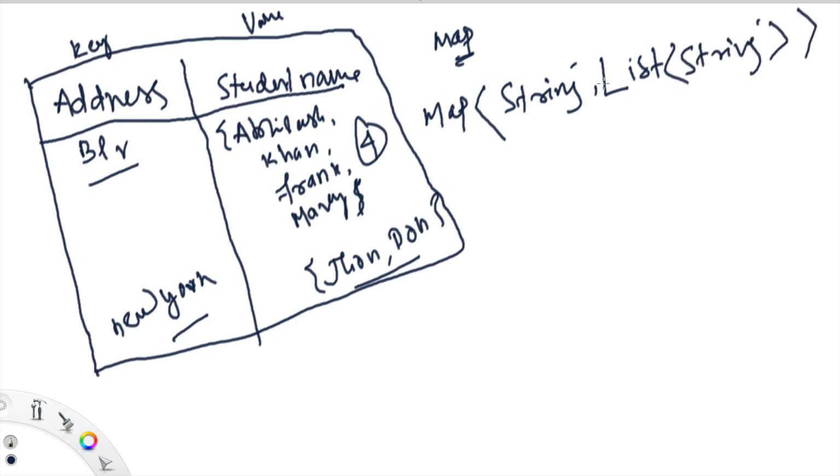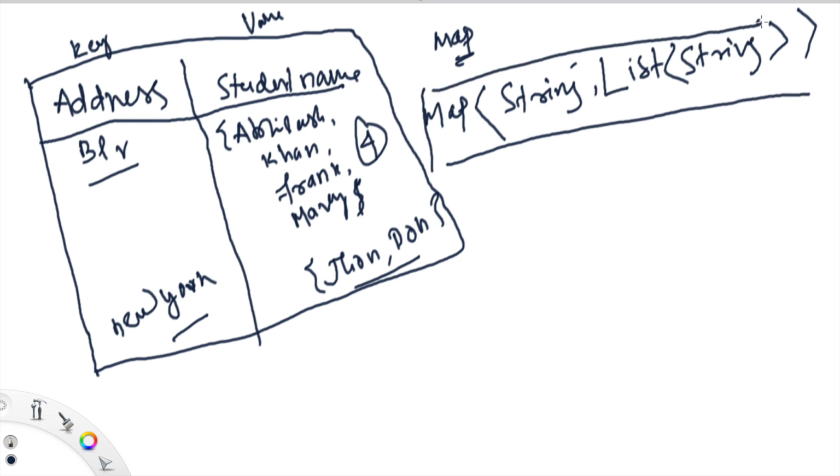So using this format I want to get my data just like this format. So how am I going to implement this particular thing? Your job will be to write me a method, let's say groupStudentByAddress, this is going to be the method name.